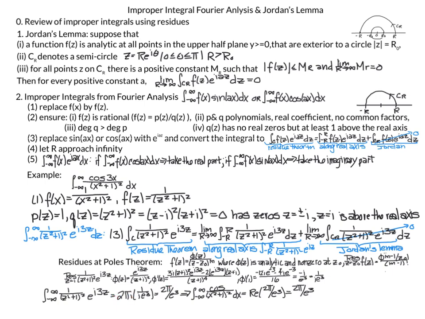Because the i's cancel, the integral of cosine 3x over (x squared plus 1) squared is equal to the real part of 2 pi over e to the third, which is simply equal to, there's no imaginary part, the i's canceled, 2 pi over e to the third.